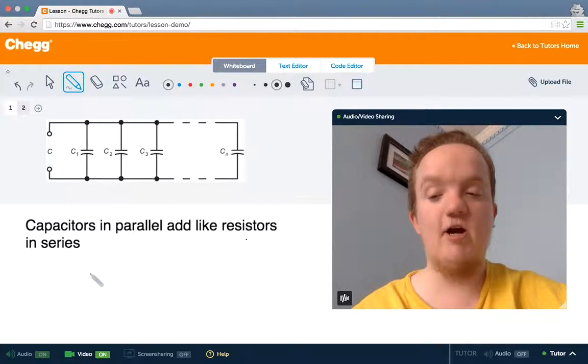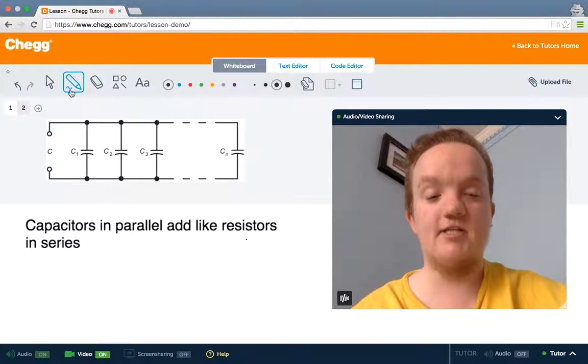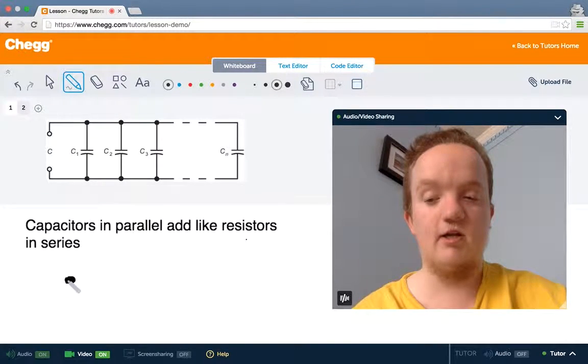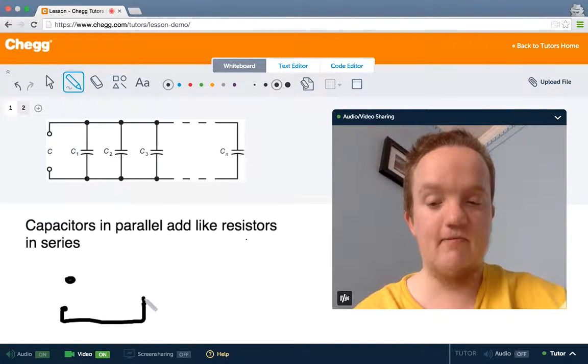So capacitors in parallel, if we have a certain capacitance, the unit for capacitance is a farad, which is a coulomb per volt. Capacitors in parallel add. So if we have a very complex circuit, we want to break this up into simpler circuits. So we can replace this with a circuit that has these two terminals. It has a capacitor, one capacitor only.